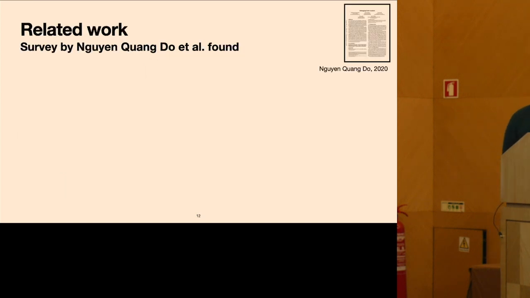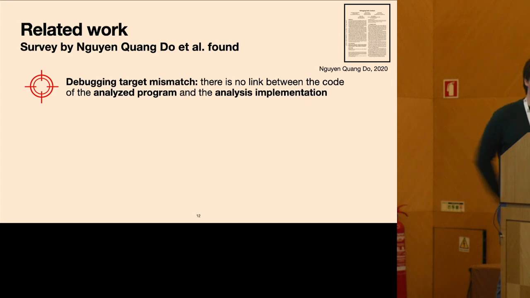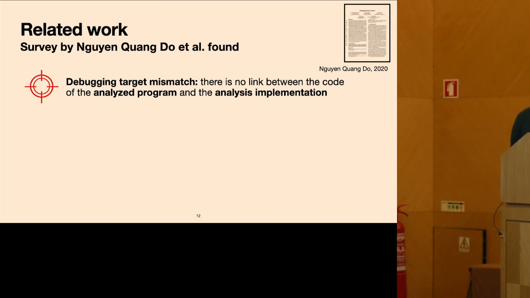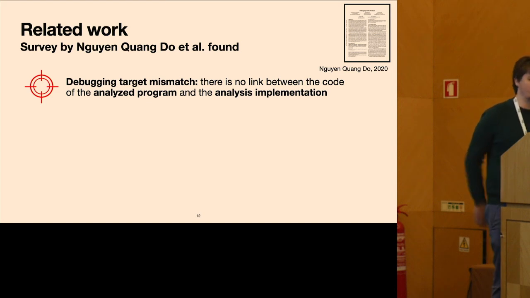And so, in related work, static analysis developers were consulted to see what their difficulties were while developing static analyses. And there, the same debugging target mismatch was found: that we have these two code bases, the analysis target and the analysis implementation, and it's not very easy to reason about those simultaneously.